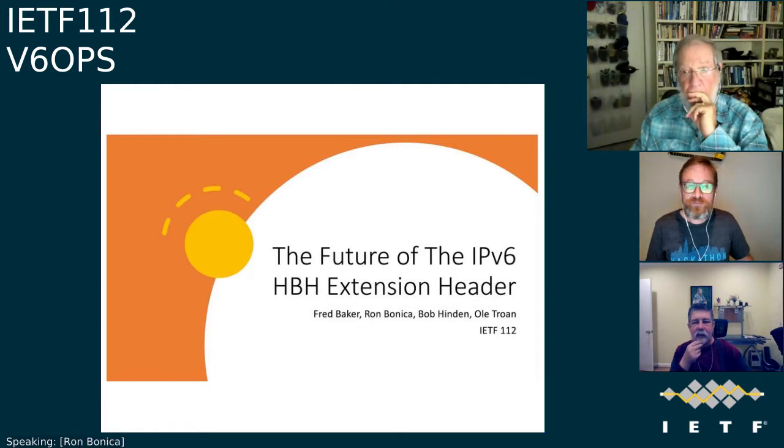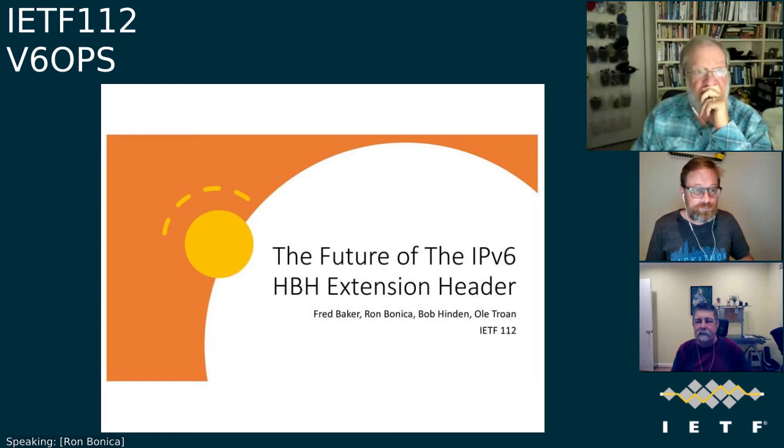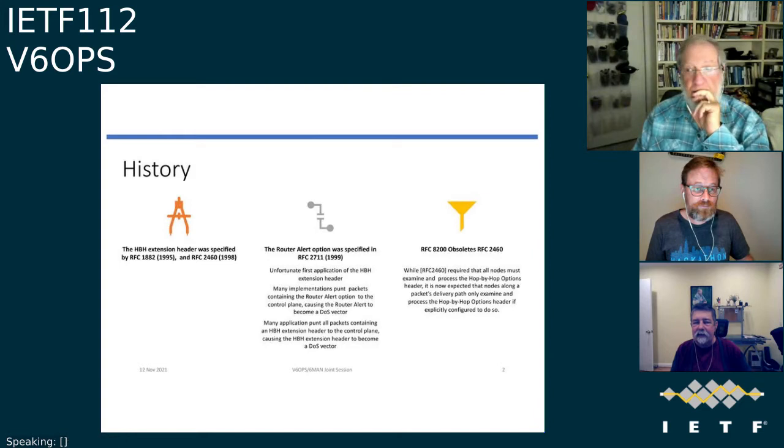Okay. Good morning, all. We're going to talk just for a minute or two about the goals of this meeting and how we got here. First, a bit of history. The hop-by-hop extension header has been with us forever.